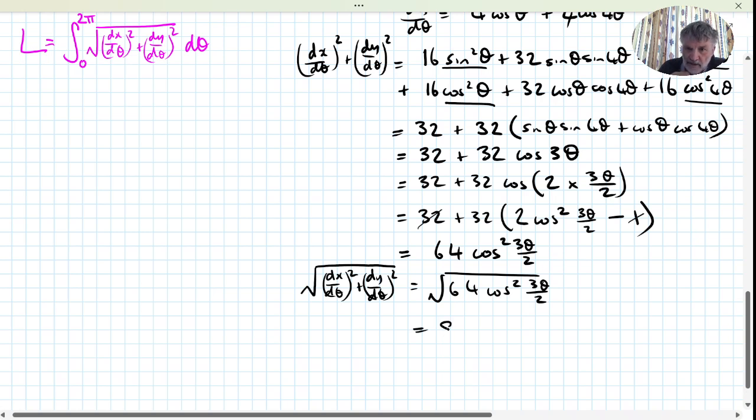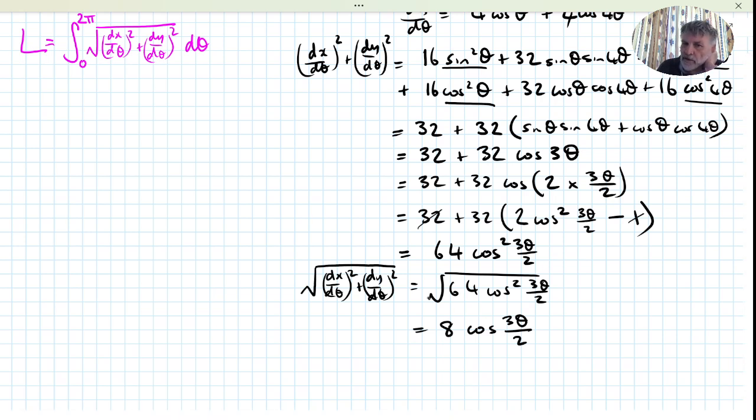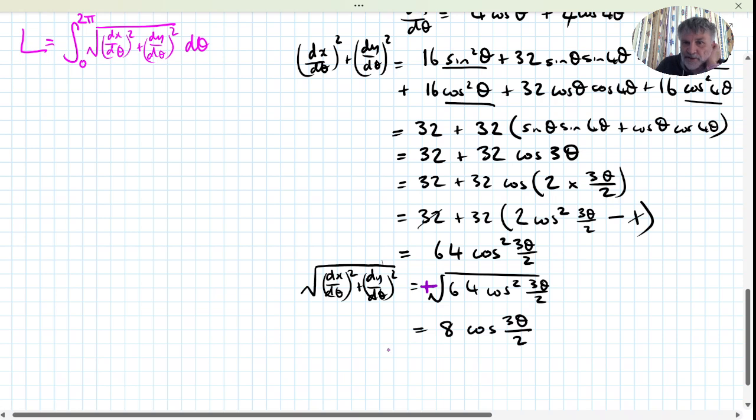Square root of 64 is easy, that's 8. And we're often lulled into writing down cosine 3 theta over 2, but this isn't quite correct, because a square root here implicitly means the positive square root. We don't write it in, but it's implicit that this is the positive square root.